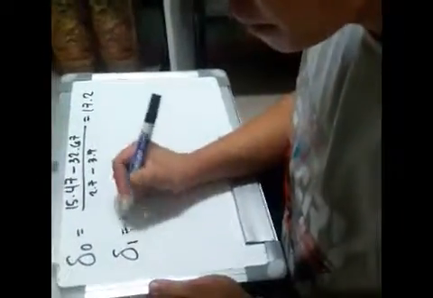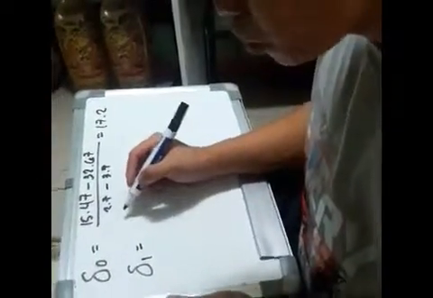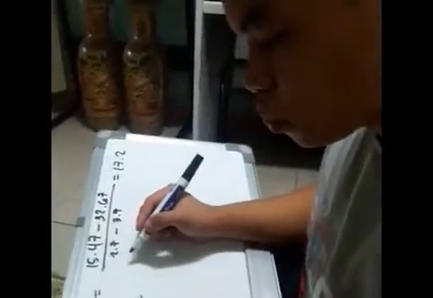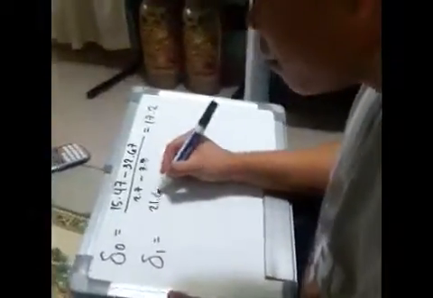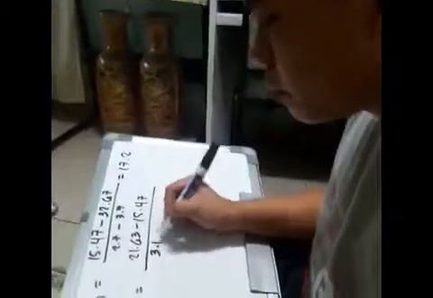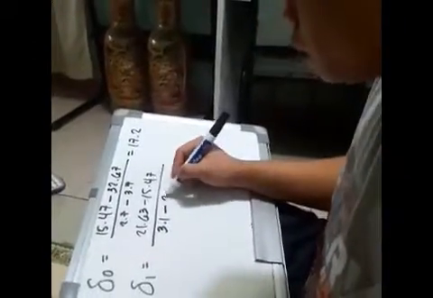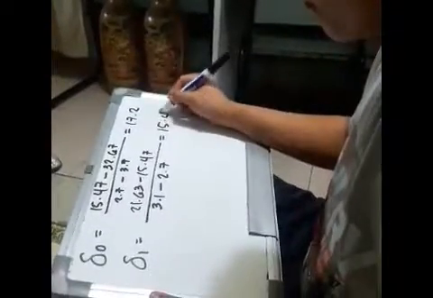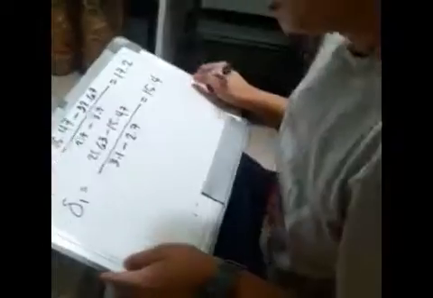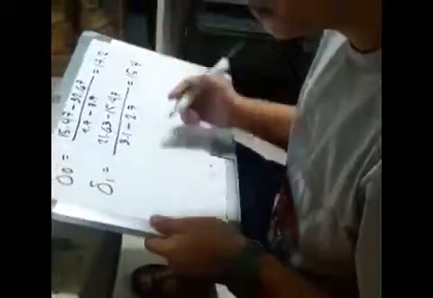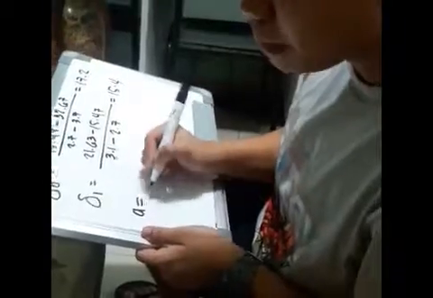For delta sub 1, it is equal to f(x sub 2), which is 21.63, minus 15.47, which is f(x sub 1), all over 3.1, which is x sub 2, minus 2.7. And the answer for that is 15.4. So we get delta sub 0 and delta sub 1, so we can get A, B, C.